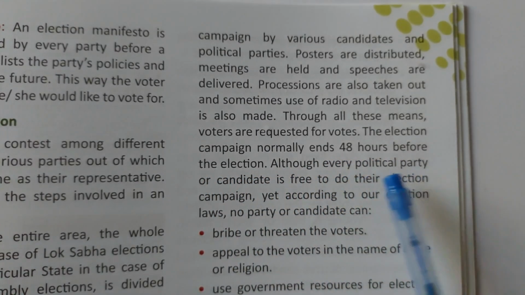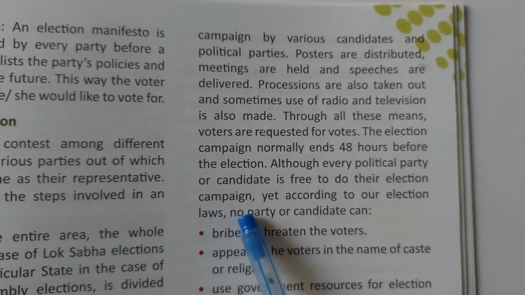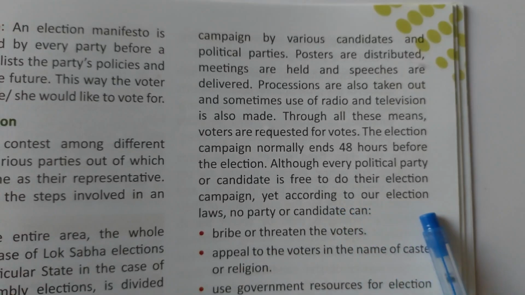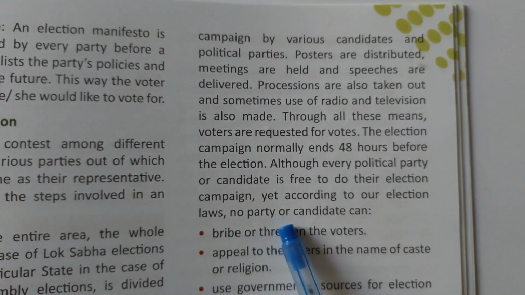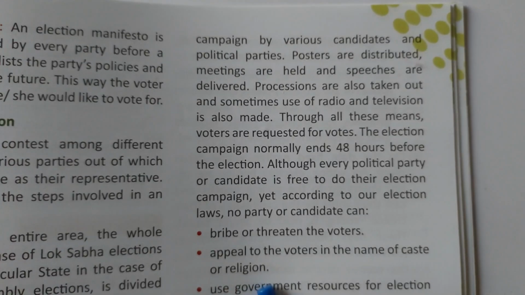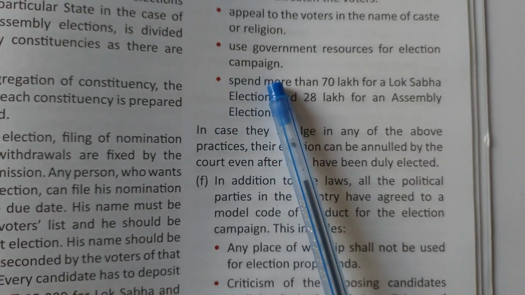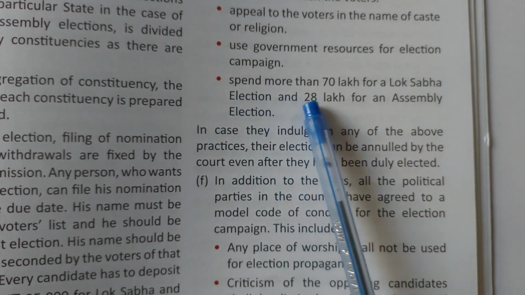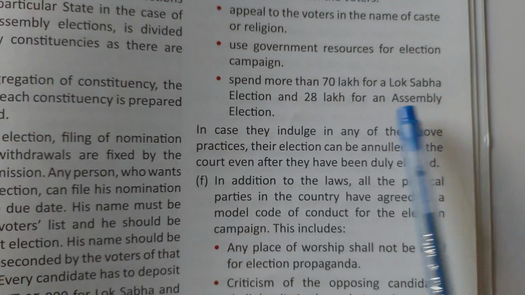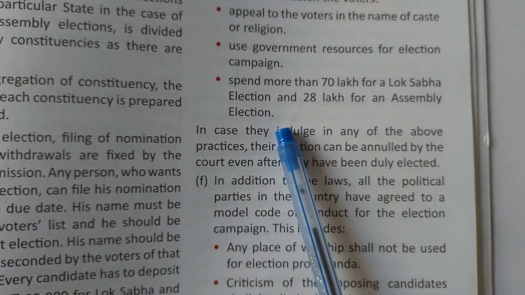Although every political party or candidate is free to do their election campaign, yet according to our election laws, no party or candidate can bribe or threaten the voters, appeal to the voters in the name of caste or religion, use government resources for election campaign, spend more than 70 lakh for a Lok Sabha election and 28 lakh for an assembly election.